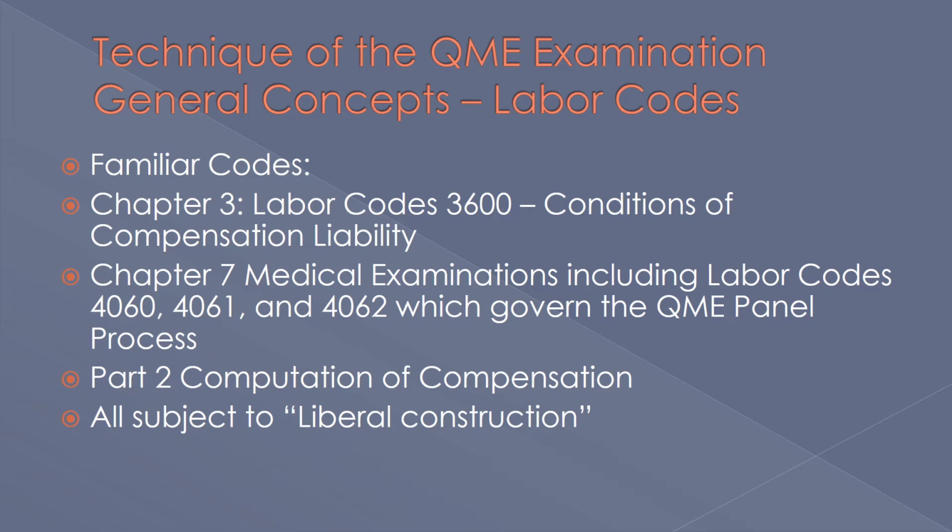And in these times, we resolve these gray areas, we decide with reasonable medical probability in favor of providing benefits to the injured worker. It's referred to as the liberal construction code.